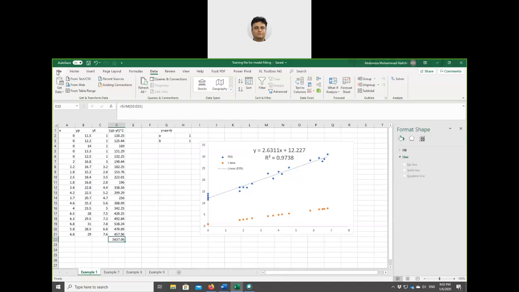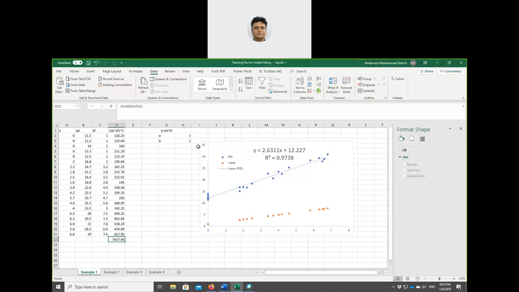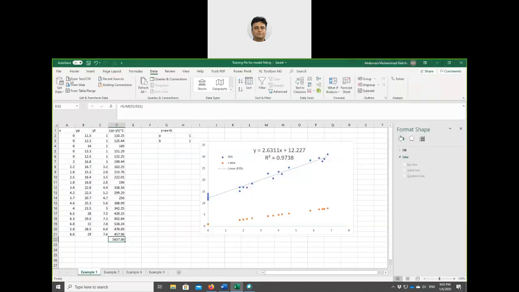Just click on file, go to the option menu. Waiting to open option menu. File, option, why is it not open?